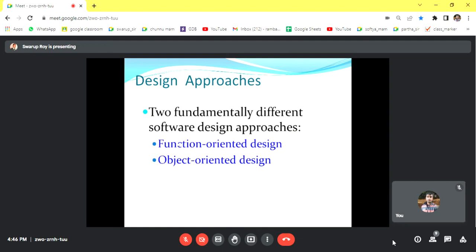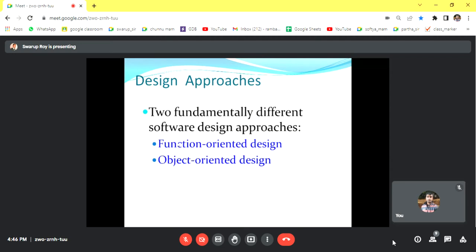As you know, object oriented design has inbuilt modularity, and it is easier to represent a real world scenario in the form of an object oriented design. We'll also discuss why object oriented design is good.